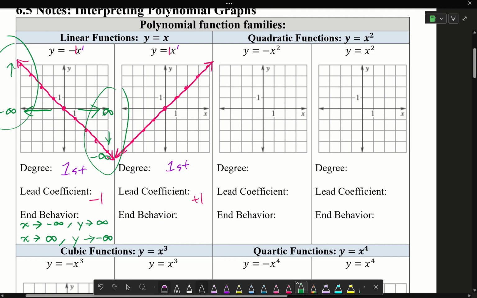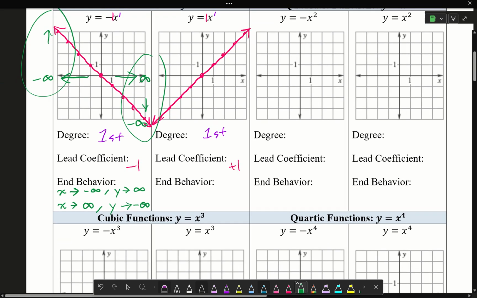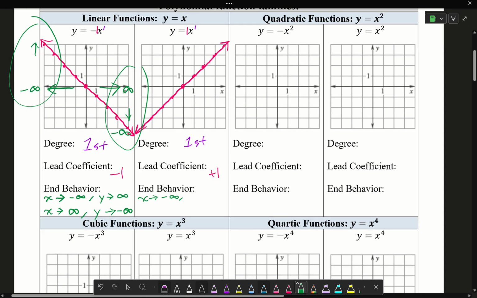You can notice on our positive linear function that things are a little bit different. So I'm going to pop in here, as x approaches negative infinity, what is y doing? Well, we can tell on the left side of this graph that as x is going to negative infinity, now y is also going towards negative infinity.